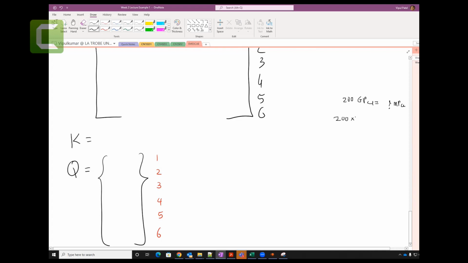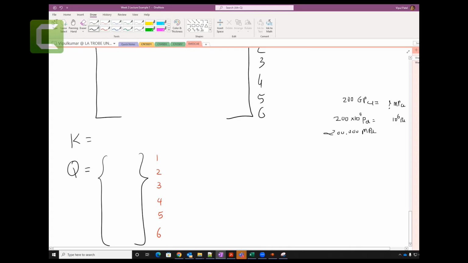If you know a gigapascal is 10⁹ pascals, and a megapascal is 10⁶ pascals, then if I want megapascals, I would have 200 thousand megapascals. That's how it becomes.